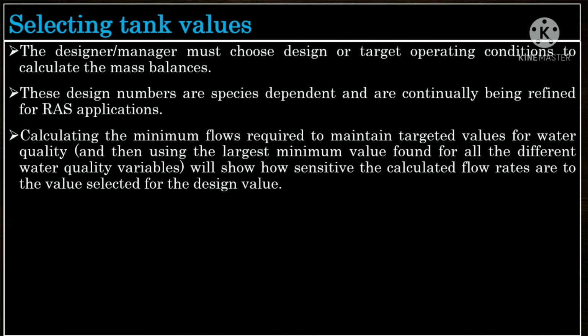The minimum flow required to maintain the target values for the water quality is calculated, and then the largest minimum value found for all the different water quality variables is used. This will show how sensitive the calculated flow rates are to the value selected for the design value.